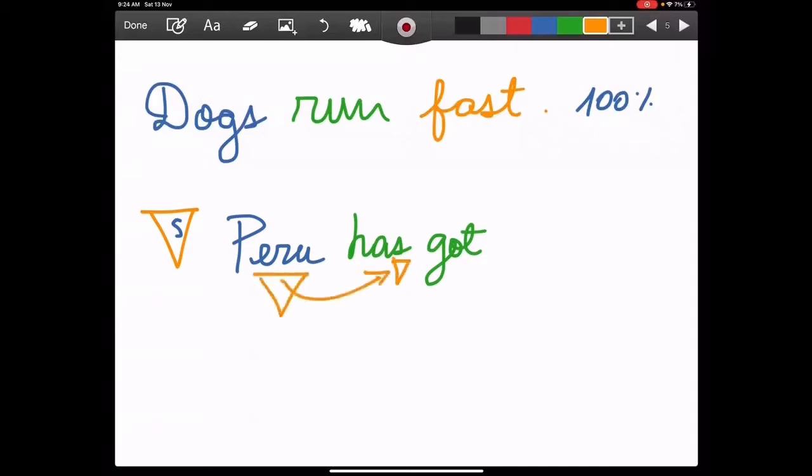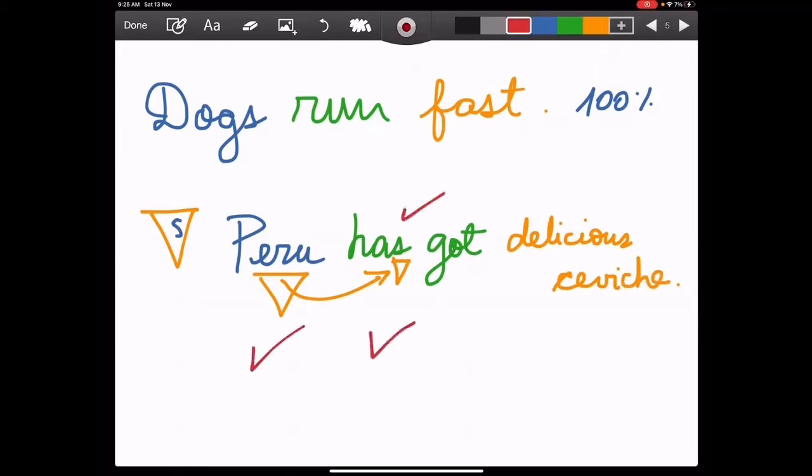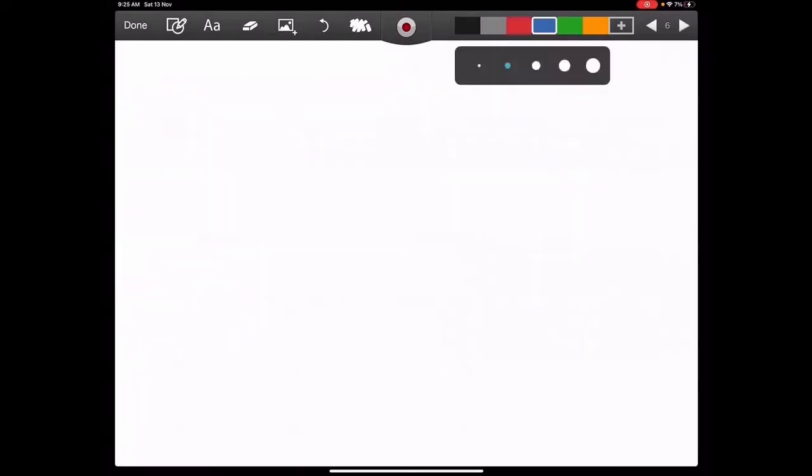I don't know, probably ceviche. So in the information, we've got delicious ceviche. This is a fact, 100% true. Peru has got ceviche. And again, to check that everything is correct, subject, verb plus singular, the S and the info.